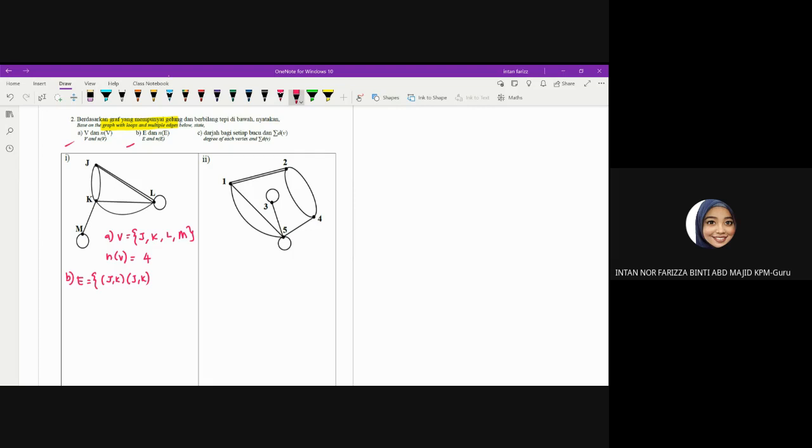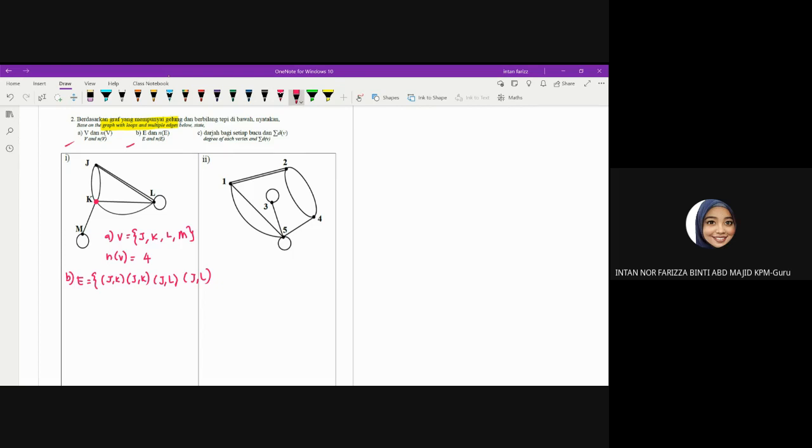Okay, so after J is done, we look at JL. So it is multiple edges, so JL also. After JK, let's look at L. So L, you see here, is there any more JL? Okay, JK. Now let's look at K. How to do K?